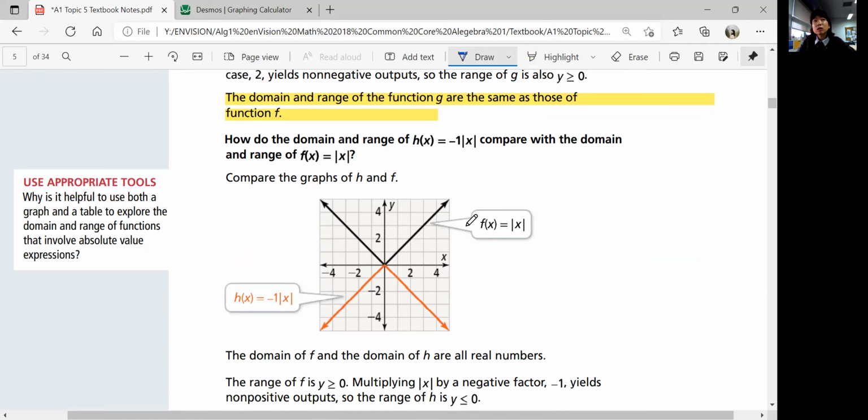So this is the original parent function, absolute value x. Look at -1 times absolute value x, which is basically negative absolute value x. This is how it looks, because, why? Make a table. 0 is going to be 0, 0. But what about 1?